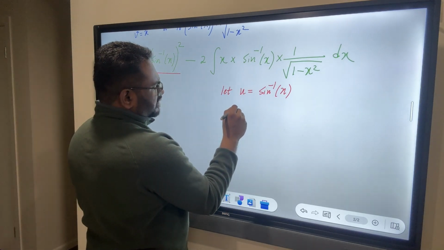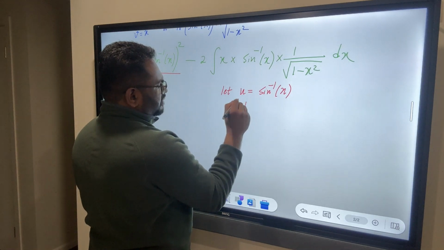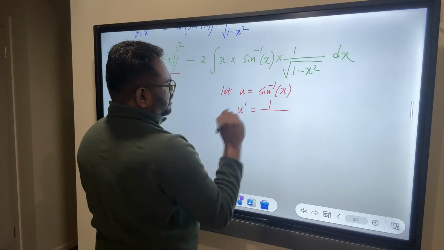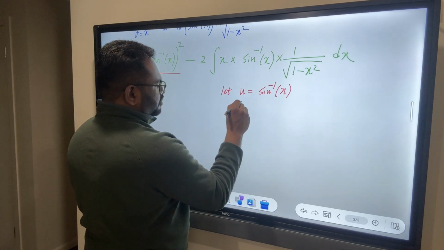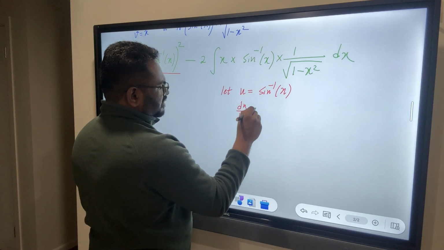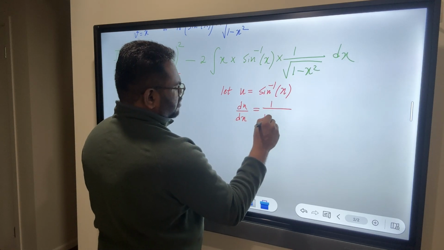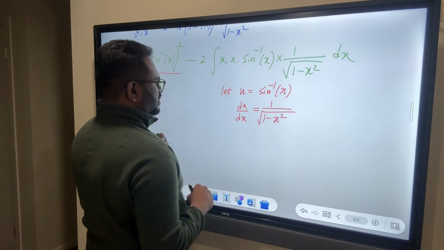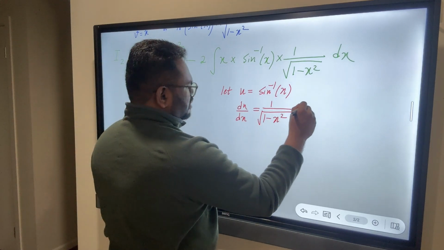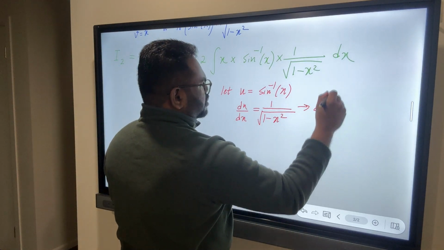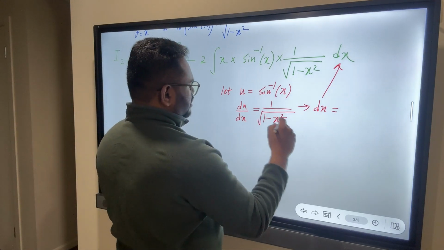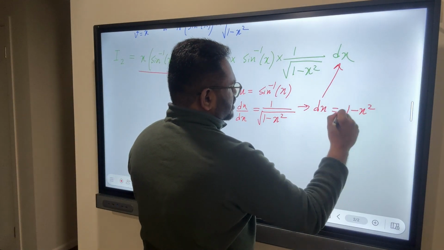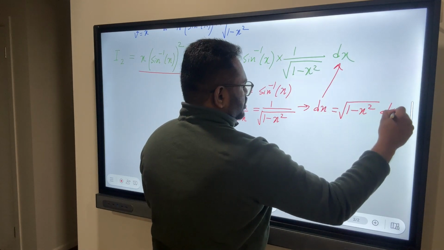Then from here you get u prime, let me write this in a different way, d u over dx, to be 1 divided by the square root of 1 minus x squared. Now I'm going to make dx the subject, because I can substitute for dx if I do so. So when I do that, I get the square root of 1 minus x squared du.